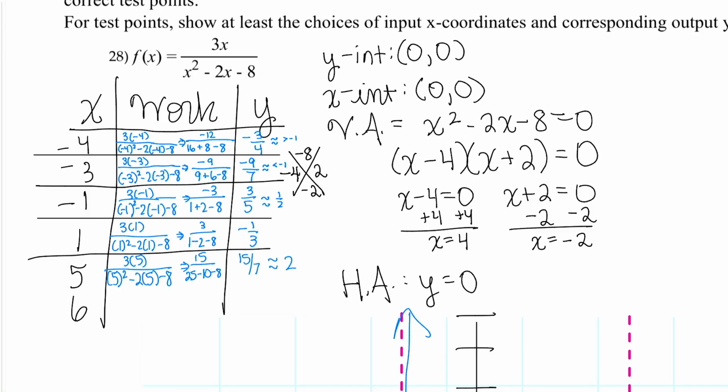And we're going to have 3 times 6 over 6 squared minus 2 times 6 minus 8. So 18 over 36 minus 12 minus 8 is minus 20. So 18 over 16, and that's going to simplify to 9/8, which is just over 1.